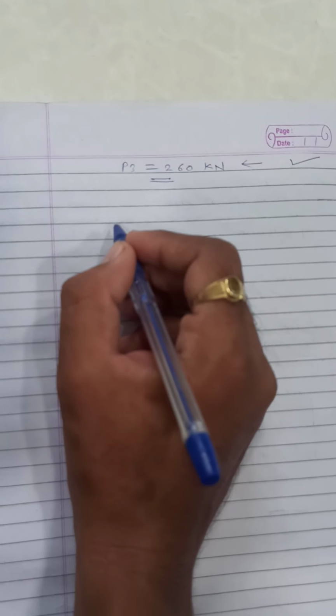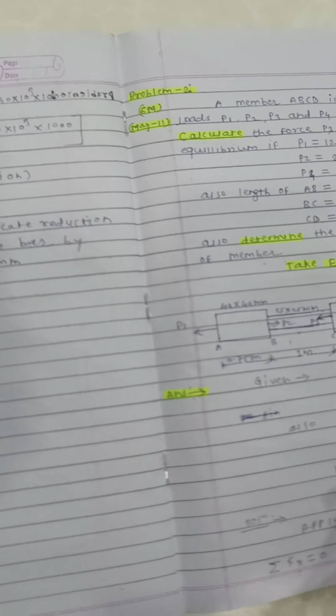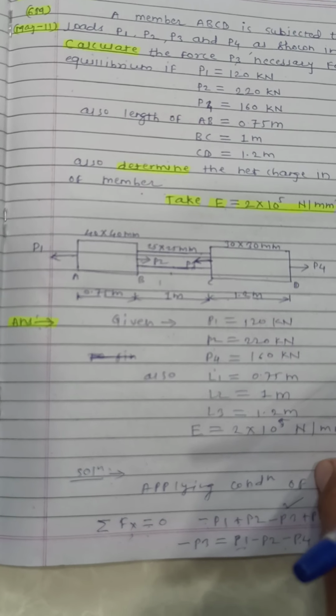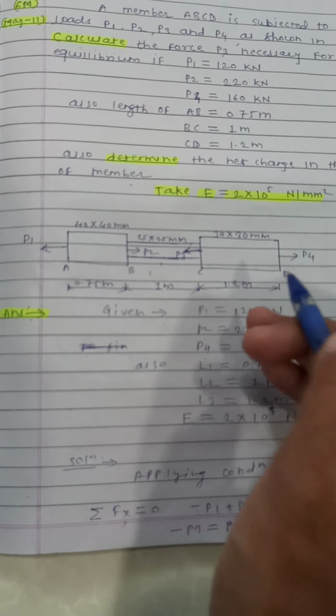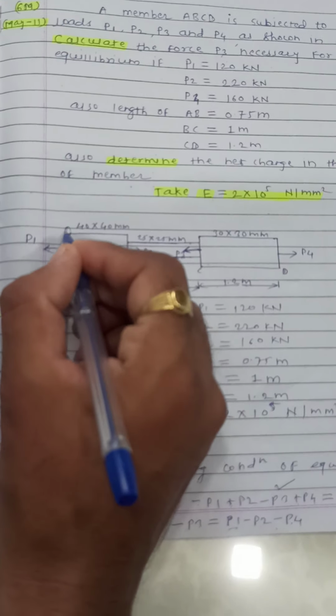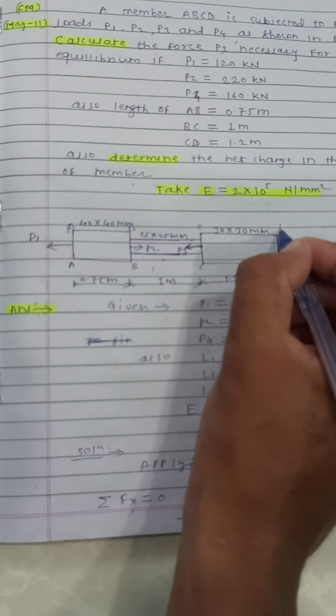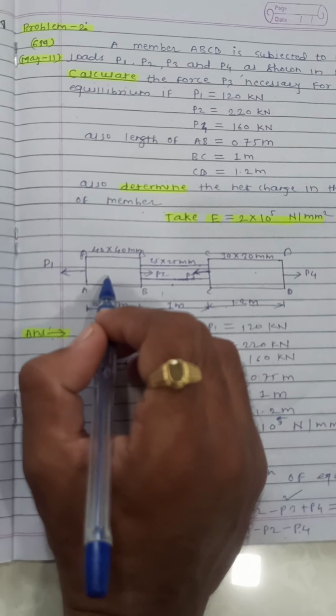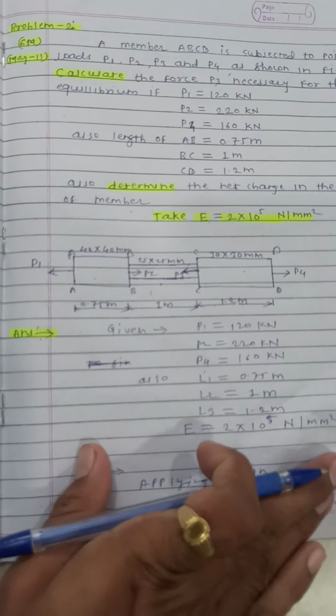So for that we will again draw the force diagram, similar to the first problem. Let us start from this section. For example, this is A, B, C and D. So start from section CD, next BC and section AB.